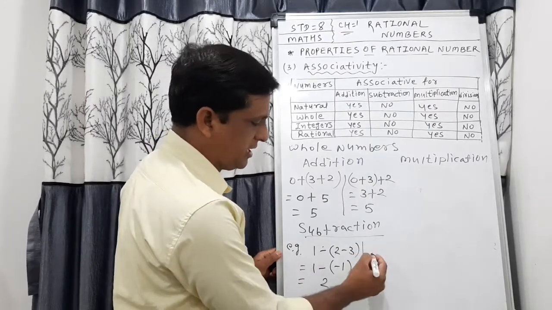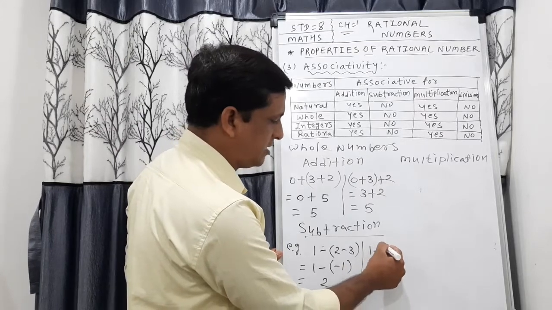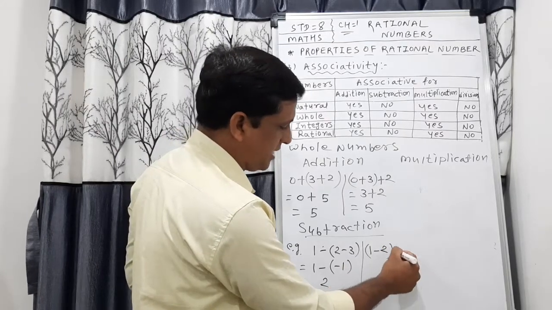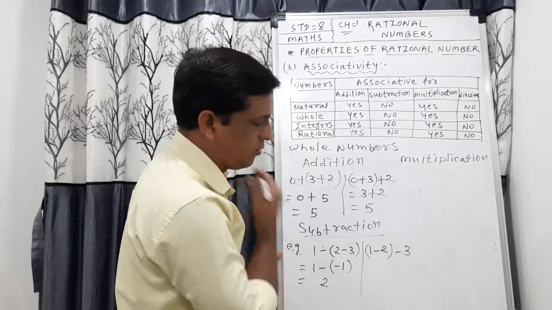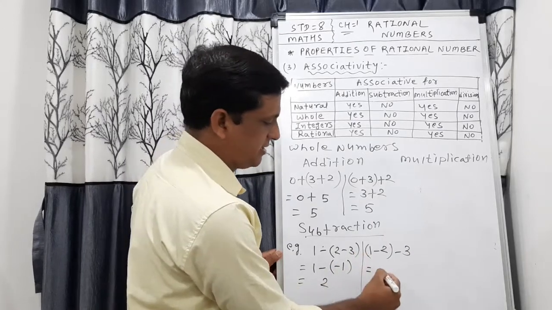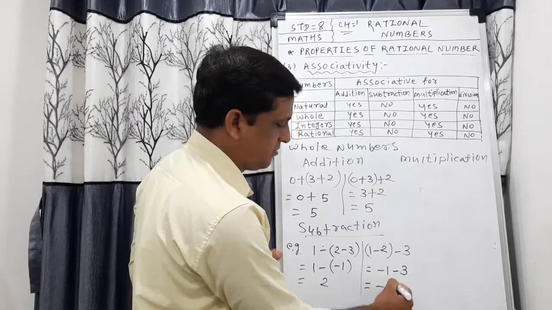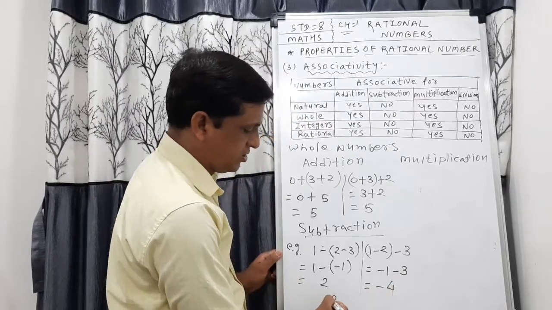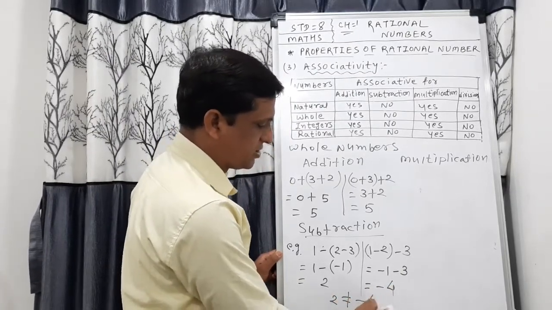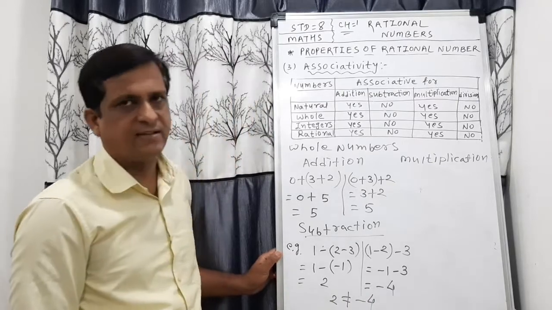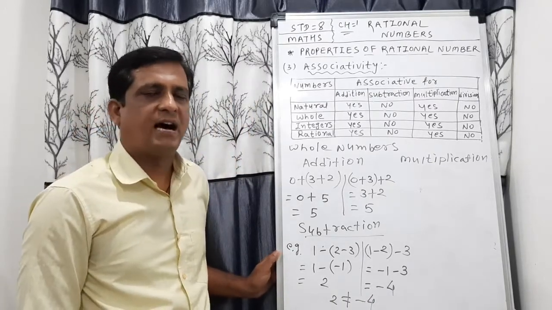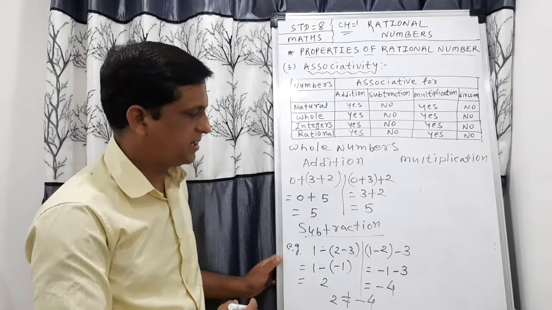Now I am making a group of 1 and 2, that is (1 minus 2) minus 3. Now 1 minus 2 is equal to minus 1 and minus 3, then the answer is minus 4. So here 2 is not equal to minus 4. Therefore we can say that whole numbers are not associative for subtraction.